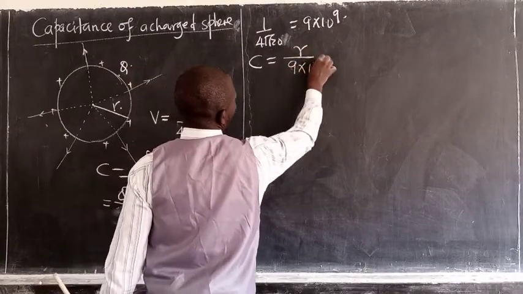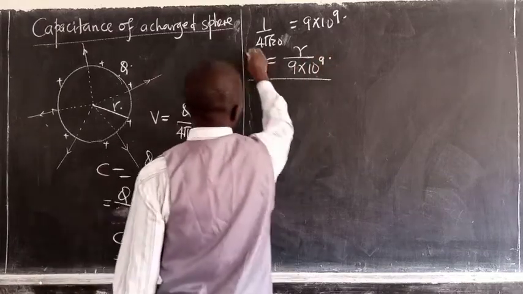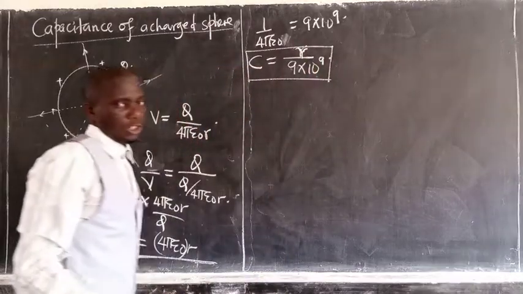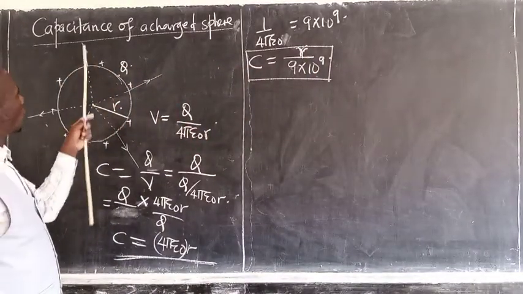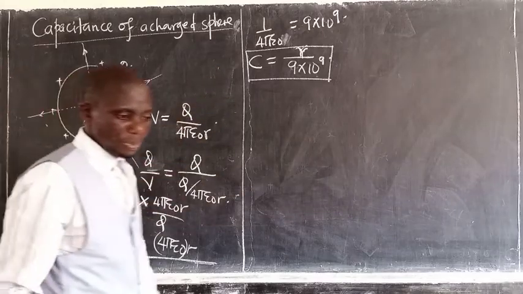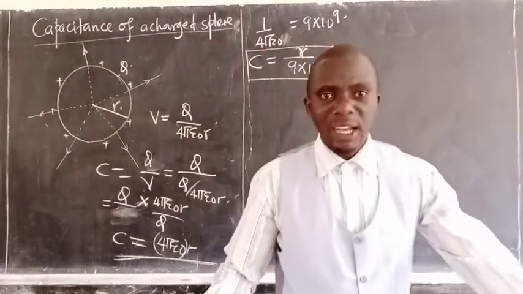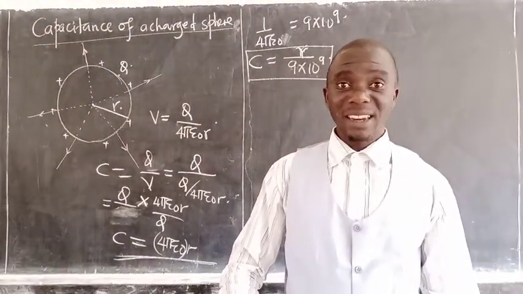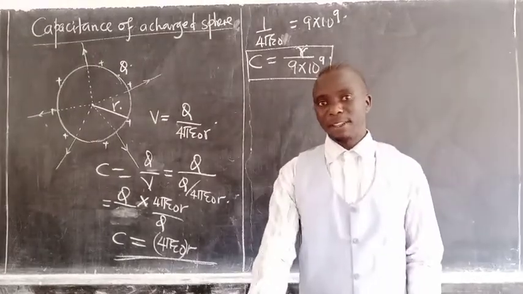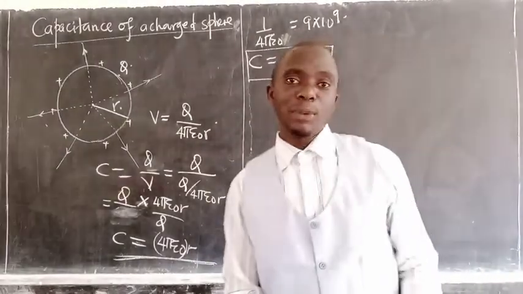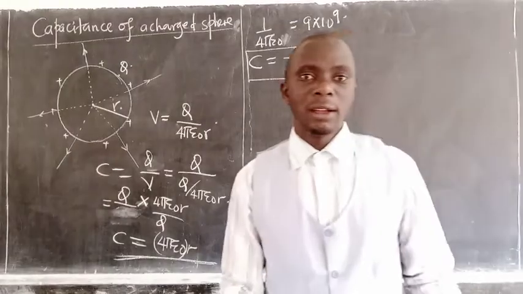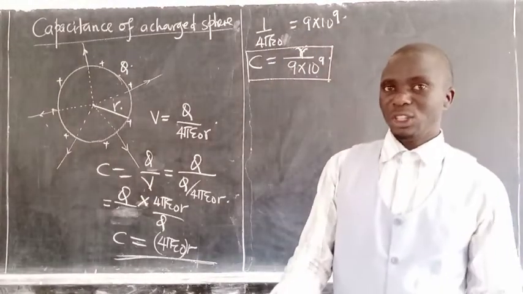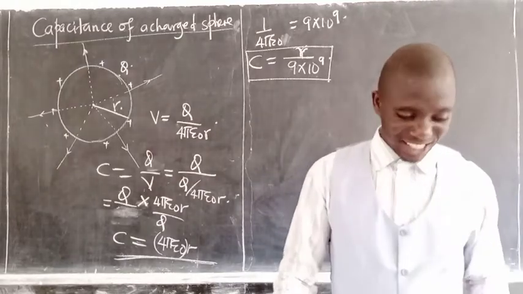So this is the capacitance of a charged sphere. If we have a capacitor made in that form, then that would be the expression for the capacitance. And we are going to use such expressions in subsequent lessons while solving problems in order to get the capacitances, and so on.